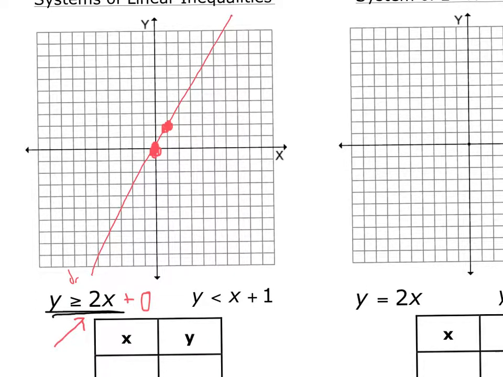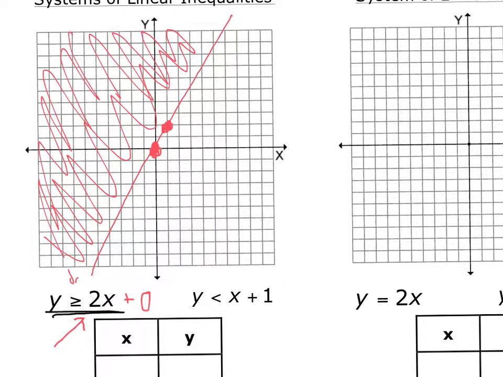And lastly, you're going to shade greater than, or shade everything above the line, because you have a greater than or equal to inequality. So your first graph here is your line and your shading.